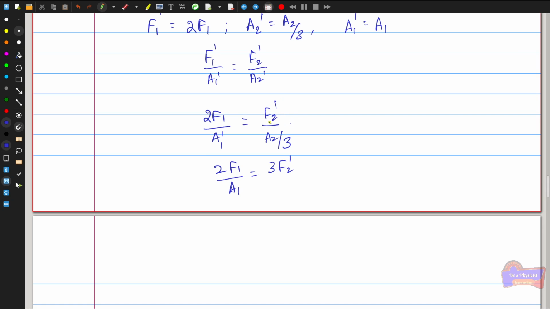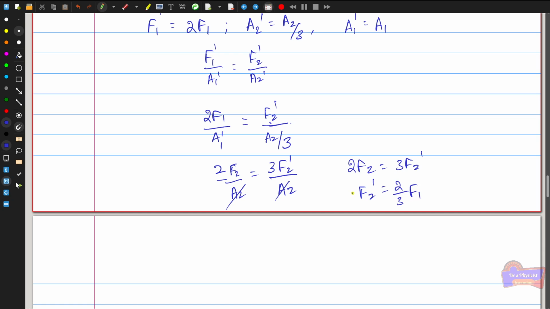Since F1 divided by A1 is equal to F2 divided by A2, I can replace this with 2 times F2 divided by A2, so that A2 gets cancelled. So I get 2F2, which is equal to 3 times F2 prime, or F2 prime is 2 by 3 times F2. This is the new force exerted on the other side of the system.